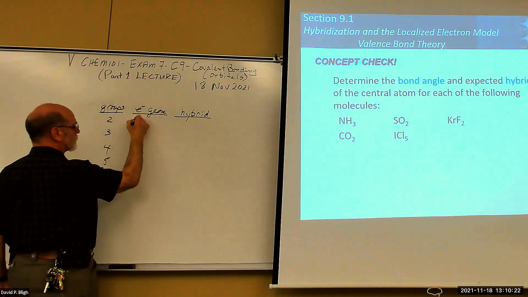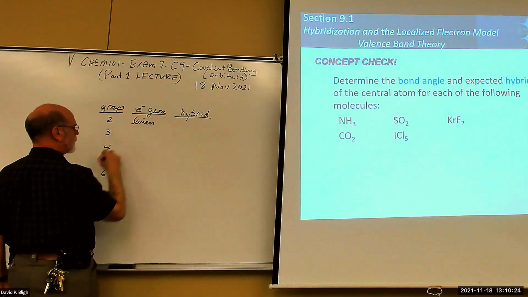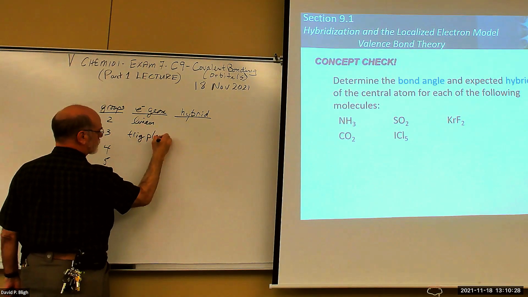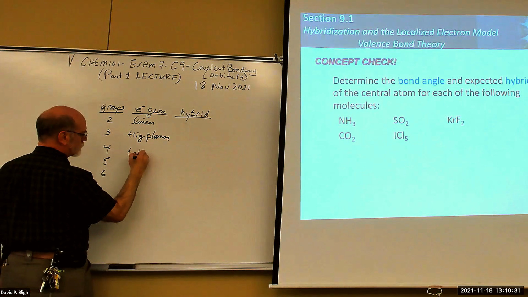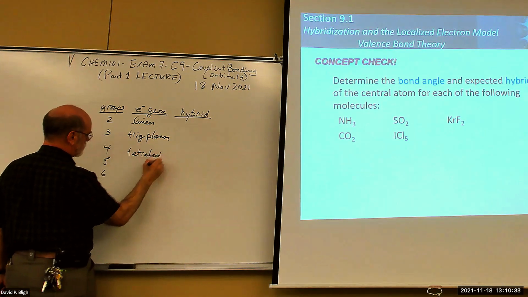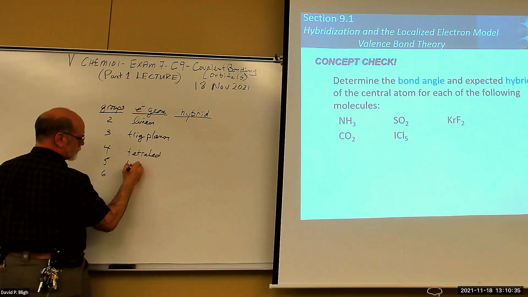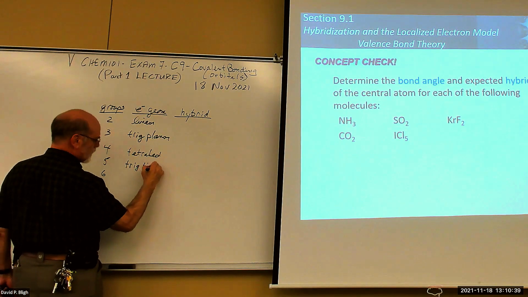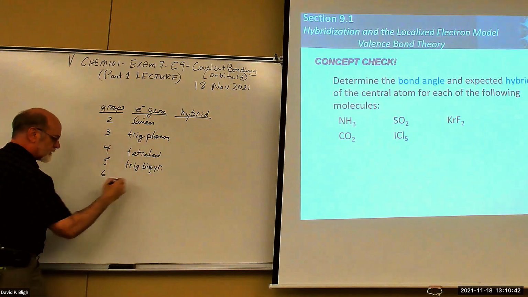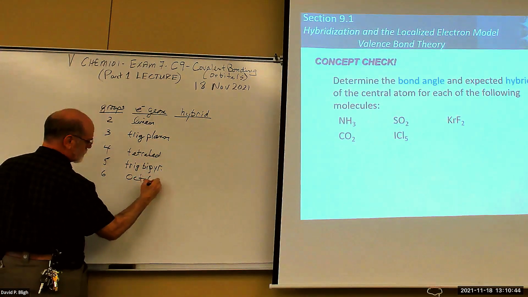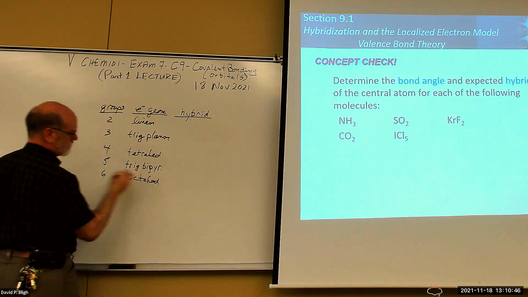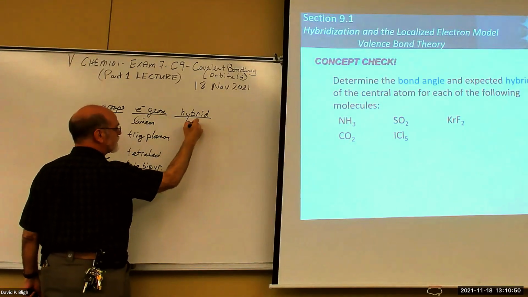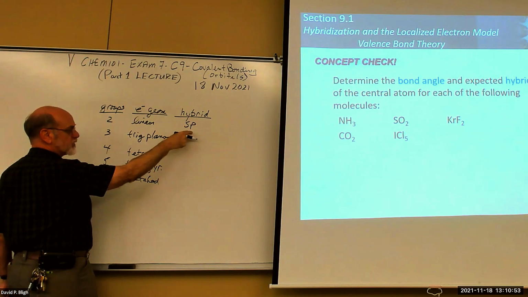2 groups is linear. 3 groups is trigonal planar. 4 groups is tetrahedral. 5 groups is trigonal bipyramid. And 6 is octahedral. Okay, so we can derive from this the fact that this is sp hybridized, 1, 2.